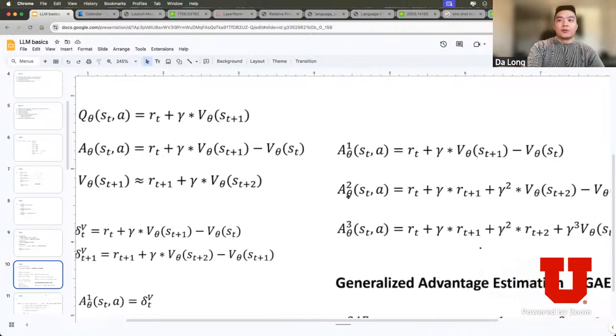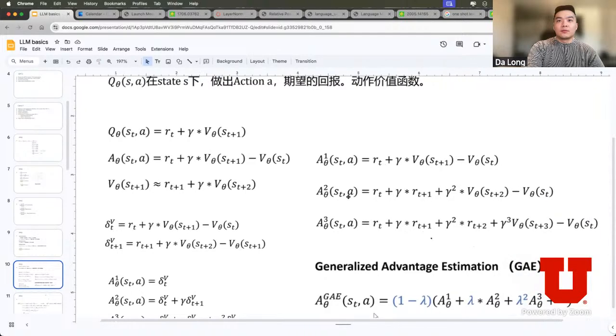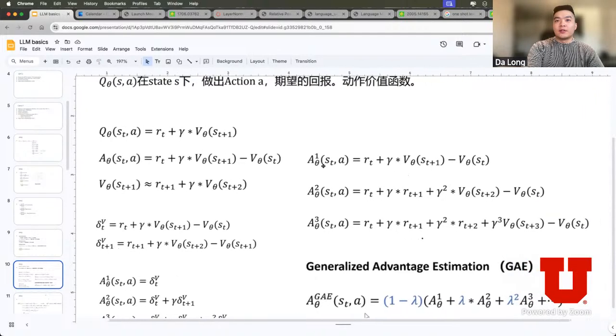And then on the right side, we can also write down the advantage function here, using the V function at different time steps. So if we denote A theta 1 using the state at T plus 1, we also write down the A2 at T plus 2, like this.